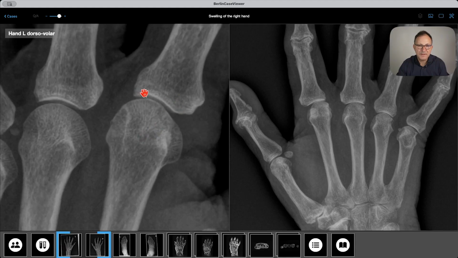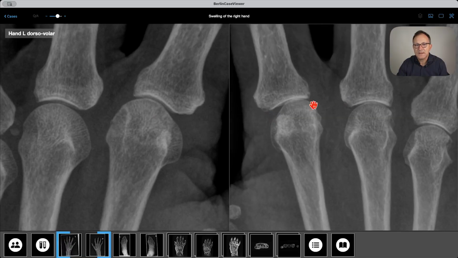I mean, the joint space is uniformly decreased, but it would usually be double the size in an unaffected individual, maybe. And here on the right side, you can even see that there's concentric joint space narrowing. That means it's more likely to be associated with osteoarthritis than with rheumatoid arthritis.